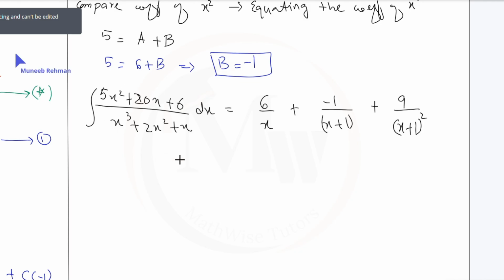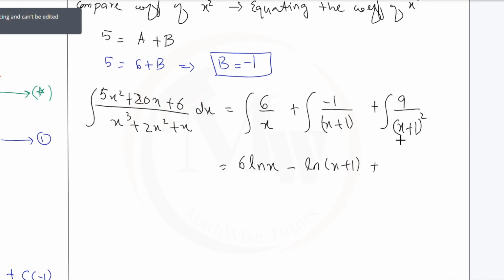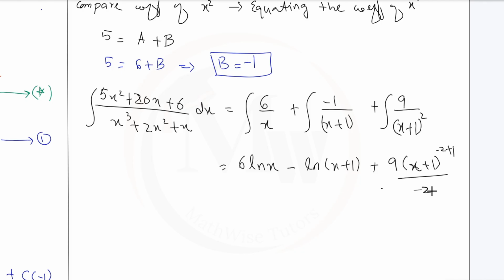So see, we have the rational fraction and we broke it into some smaller fractions. If you integrate all three, you will get the answer of this one. So it becomes 6 natural log of x, and the negative will be outside, and it becomes ln of x plus 1, and plus 9 over x plus 1 square. Square means we can use the power rule. So 9 will be outside and the power rule gives x plus 1 with the power minus 2 plus 1, over minus 2 plus 1.